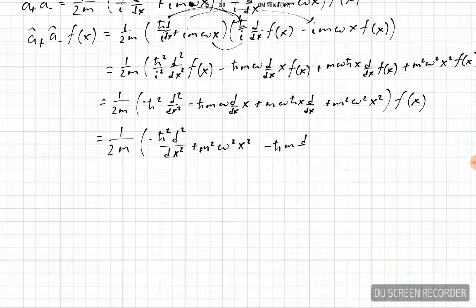H bar m, the derivative with respect to x of x times our test function, plus mass times omega, oh, there's an omega there, times h bar, so same constants out in front, but now I have x, which does not have the derivative taken on it, times the derivative, which will be applied to our test function.